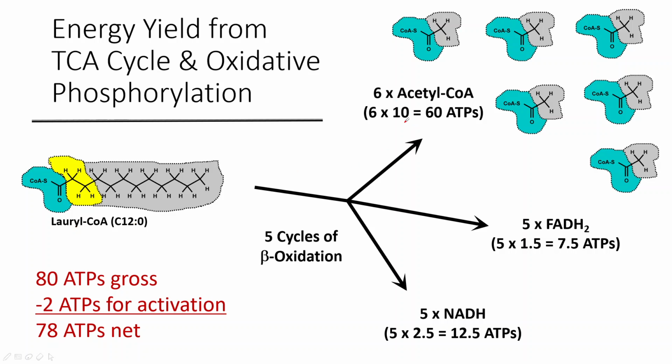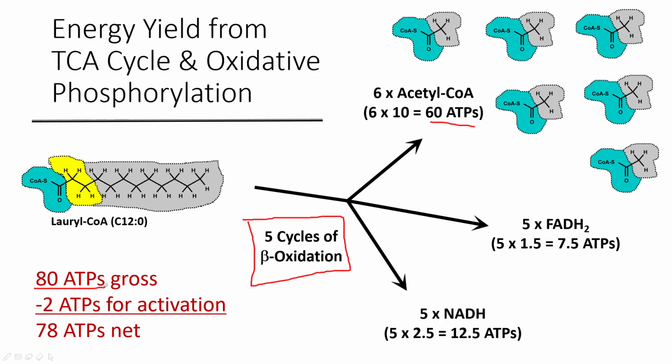These 6 acetyl-CoAs are going to give us a total of 60 ATPs, and these 6 molecules of acetyl-CoA are produced through 5 cycles of beta oxidation. And from these 5 cycles, we get 5 FADH2 molecules and 5 NADH molecules, which will give us another 20 ATPs. And so if we add these up, we get 80 ATPs gross out of our beta oxidation pathway.